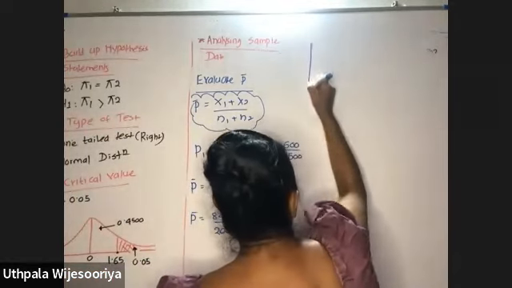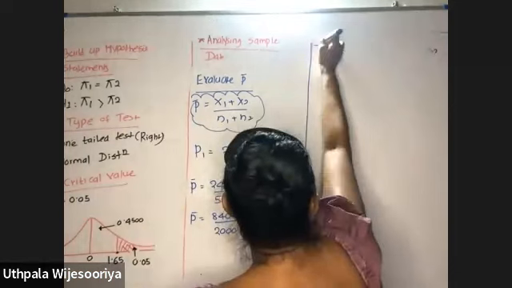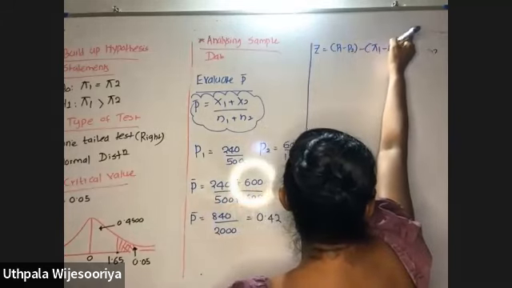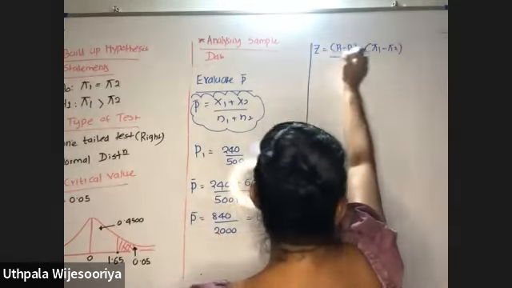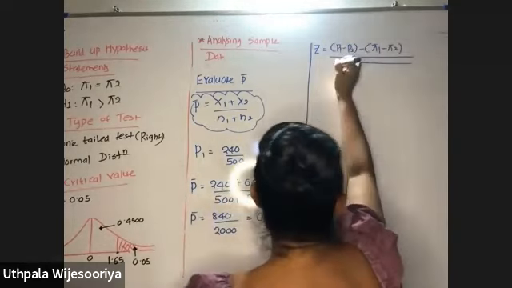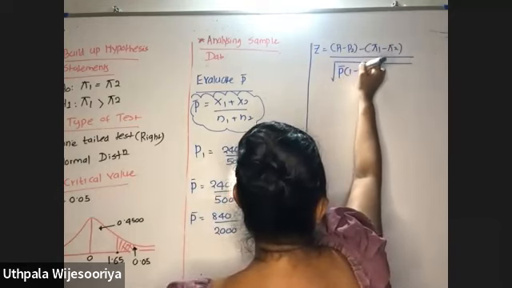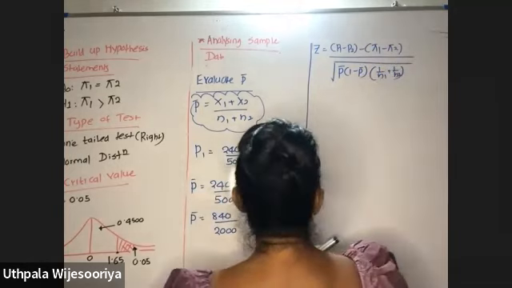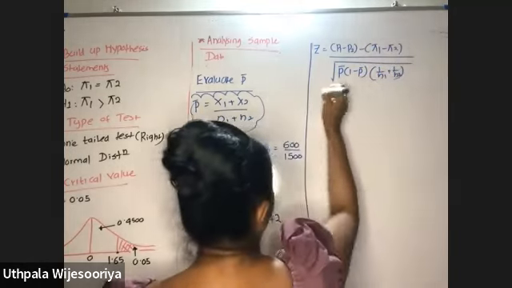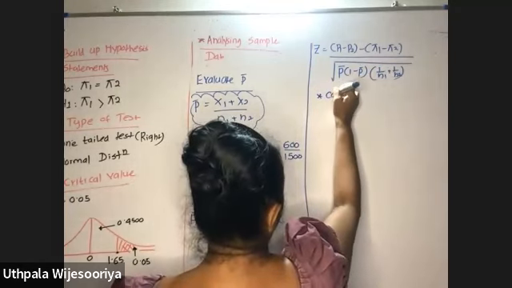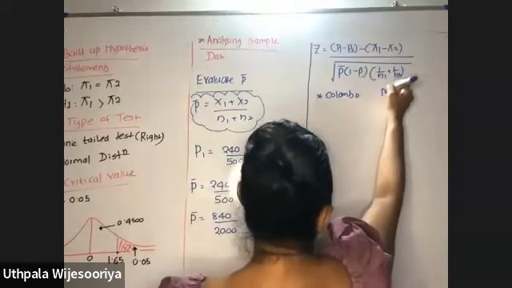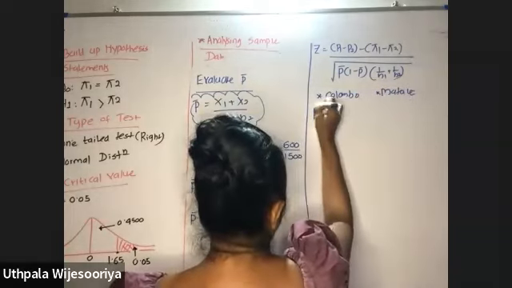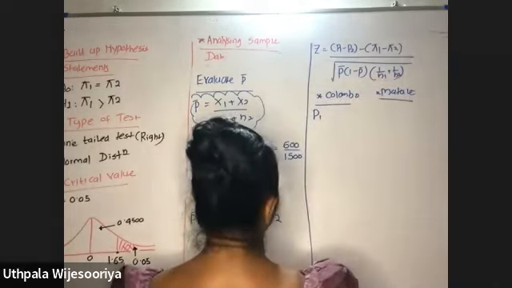Z value is P1 minus P2 divided by the square root of P bar into 1 minus P bar, into 1 over N1 plus 1 over N2. P1 is 240 over 500.